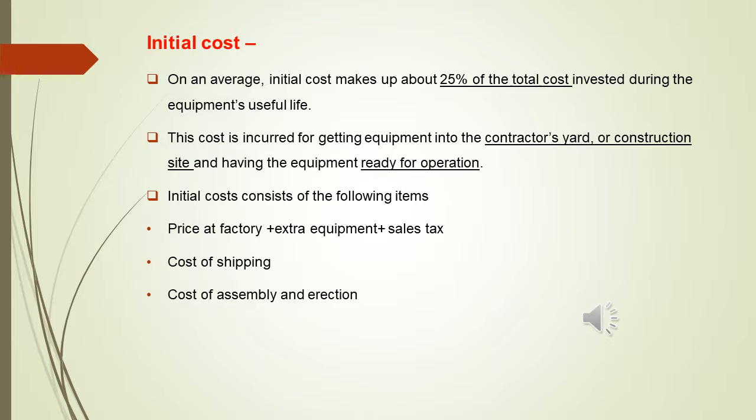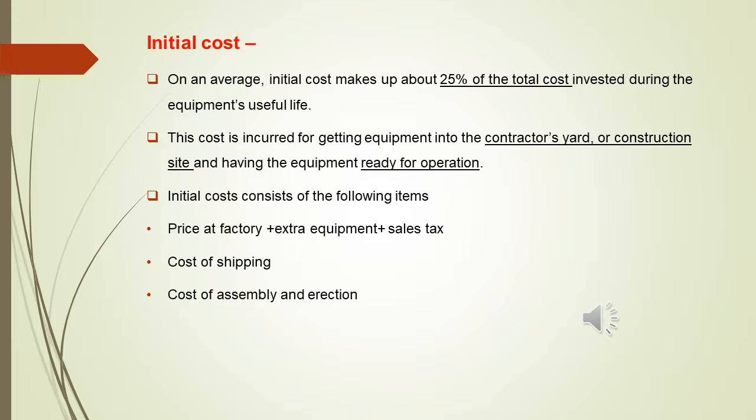This cost is incurred for getting equipment into the contractor's yard or construction site and having the equipment ready for operation. Basically, you get the equipment to the yard, to the place, and then make it ready for operation. The cost used in this time lapse is what initial cost includes.